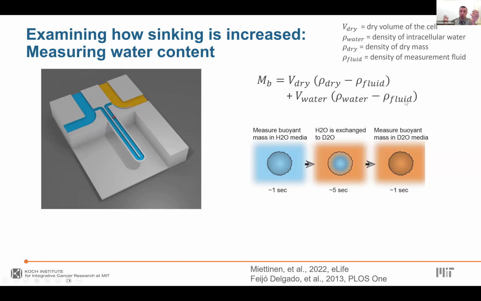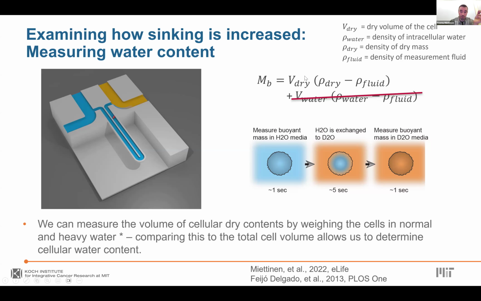You know, it's water, and it's water with a little bit of salts. That's the difference. So the latter term here approaches zero, and our buoyant mass measurements are very much reflective of the dry contents of a cell. And with this heavy water measurement, when we have two measurements, we can then solve for the actual dry volume of a cell.